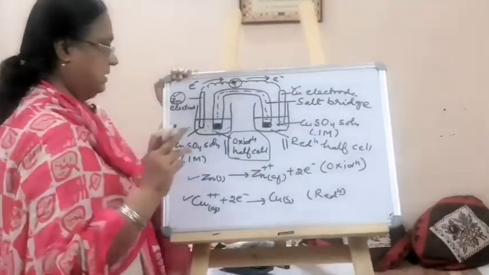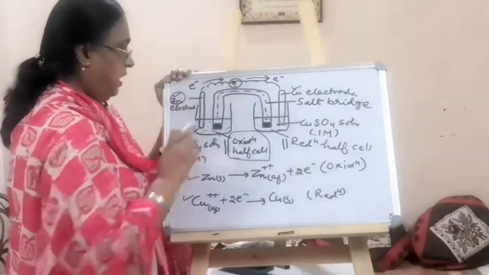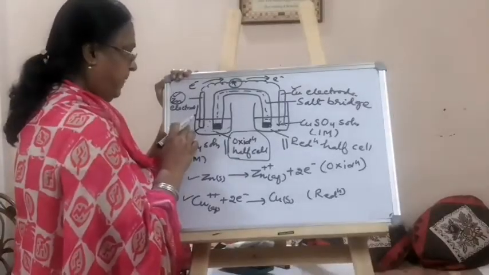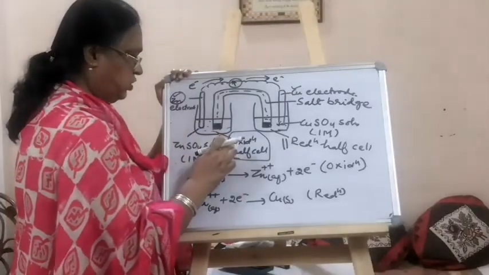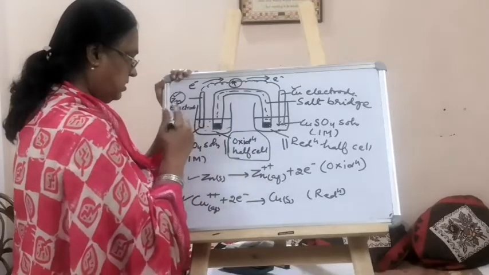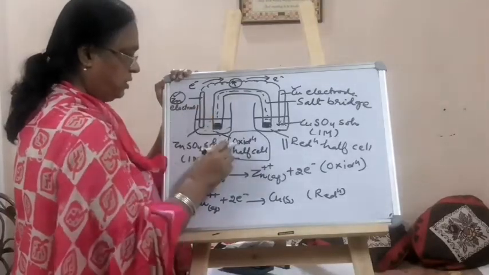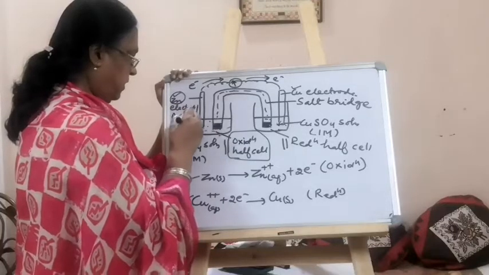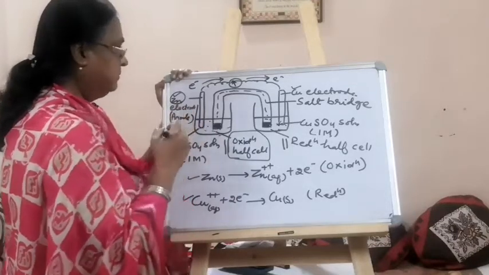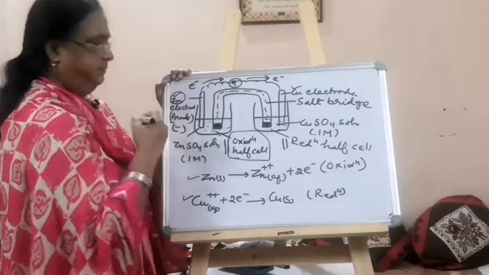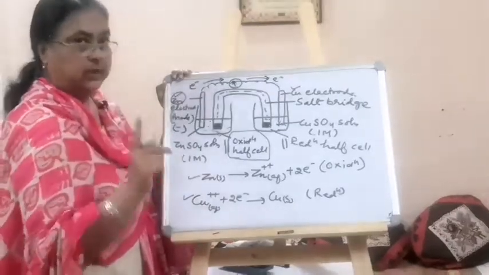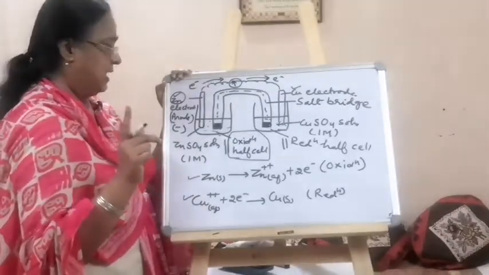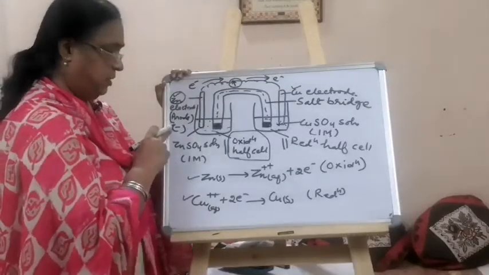In this case, remember students, in a galvanic cell, the oxidation half cell is called the anode, meaning the metal used in the oxidation half cell is called the anode. So zinc is the anode and it is negative, just the opposite of an electrolytic cell. In an electrolytic cell you have seen the anode is positive.